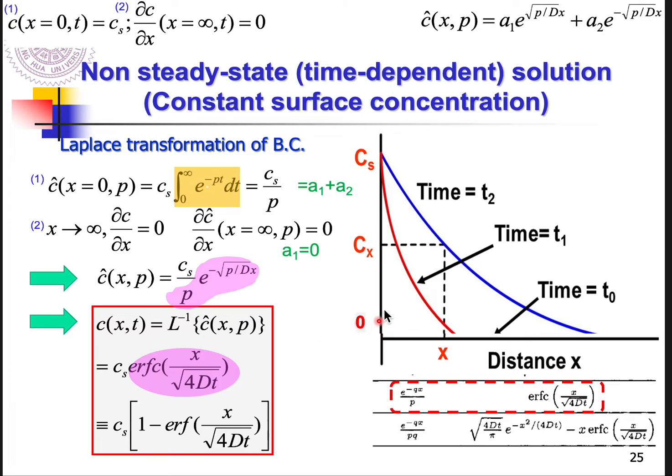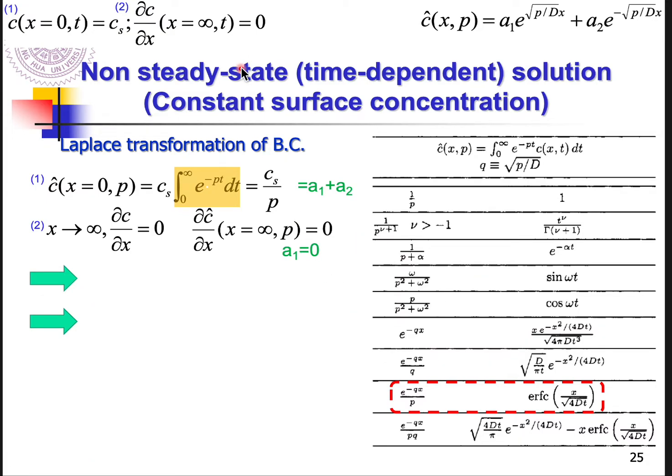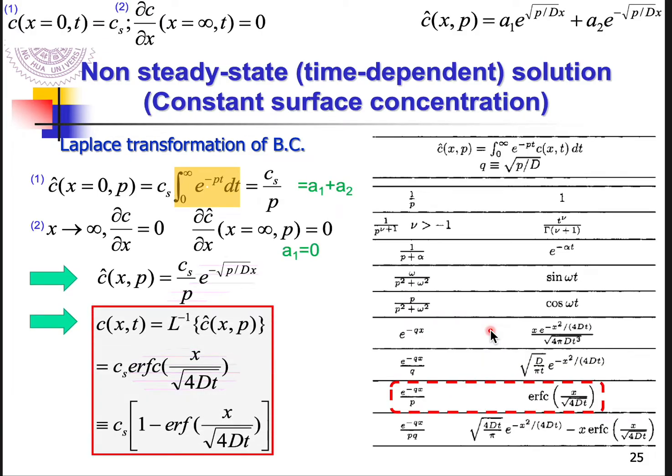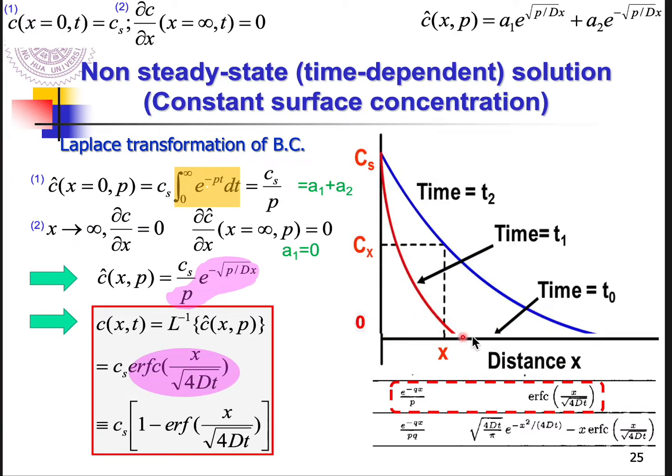In this case, if you take a look at the bottom line, boundary condition 3 says that before diffusion, the concentration of diffusing atoms within this material is equal to 0. That means this material does not contain the diffusing atoms before diffusion.